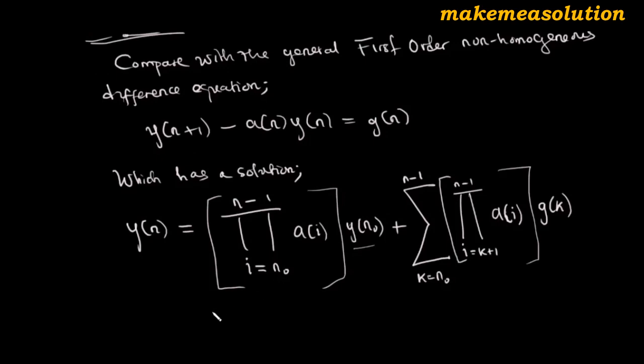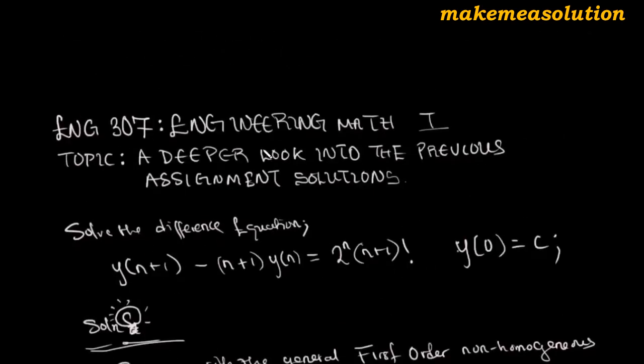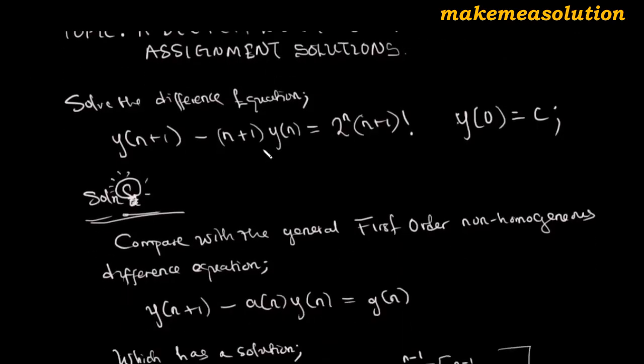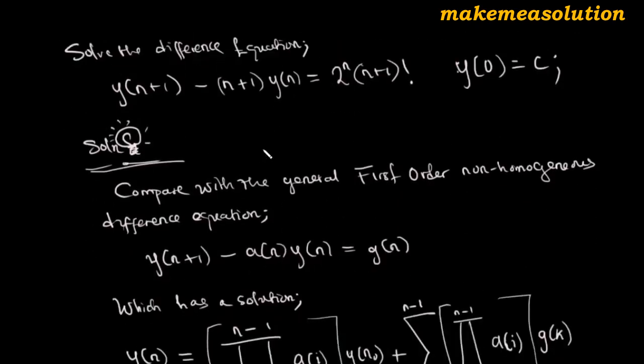If you compare the equation you're given with this general one, you have to be able to pick out some important things, like a of n will correspond to n+1 in this case, and g of n will correspond to what? 2 raised to the power of n times (n+1) factorial.